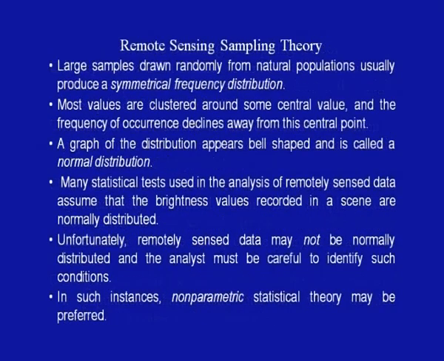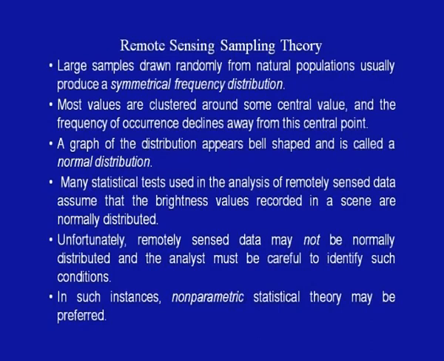Generally, large samples drawn randomly from natural populations usually produce a symmetrical frequency distribution. Most values are clustered around some central value and the frequency of occurrence declines away from this central point. A graph of this distribution appears bell-shaped and is called a normal distribution.